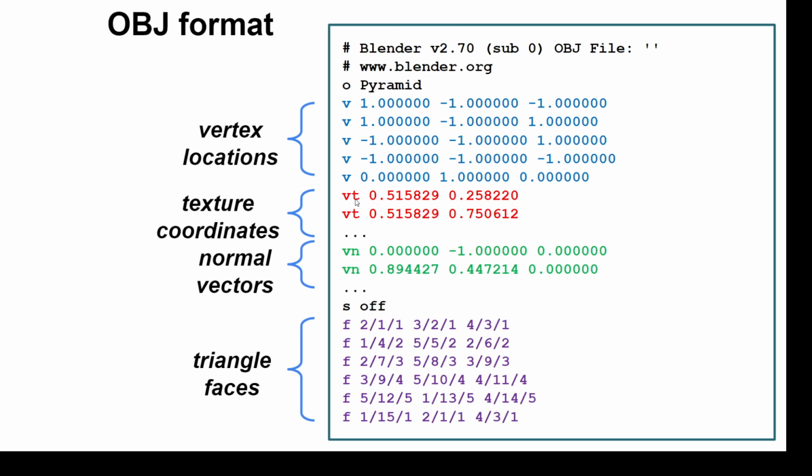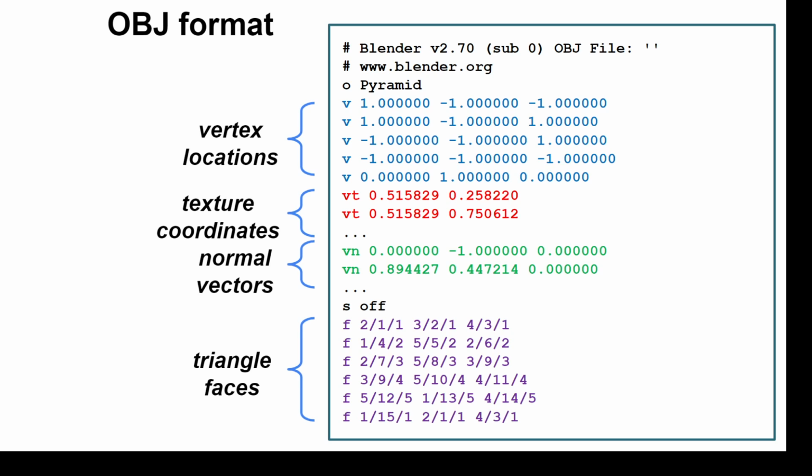Then we have a set of texture coordinates, VT for texture coordinates, and there might be any number of those. And we would then have a set of normal vectors up to some number, right? We don't know exactly how many we have until we get down here, which is a little bit wacky in certain ways.